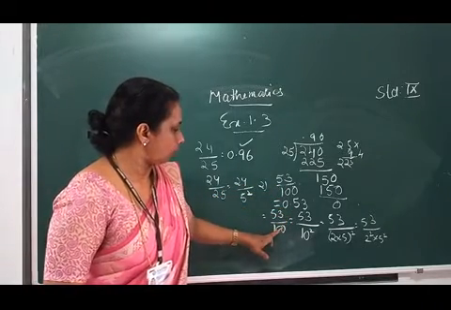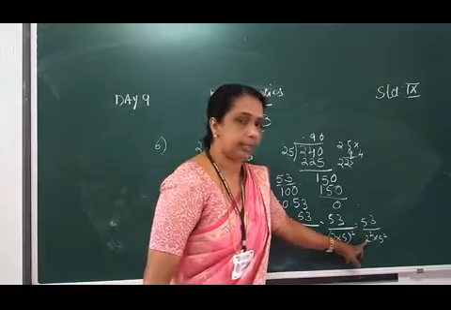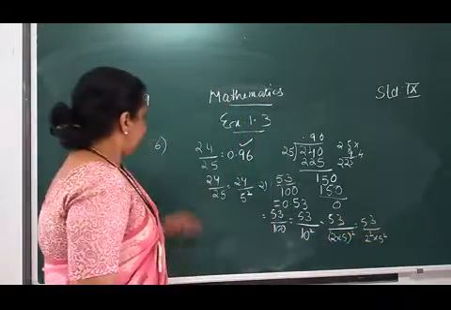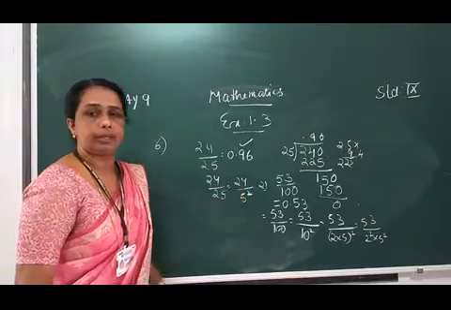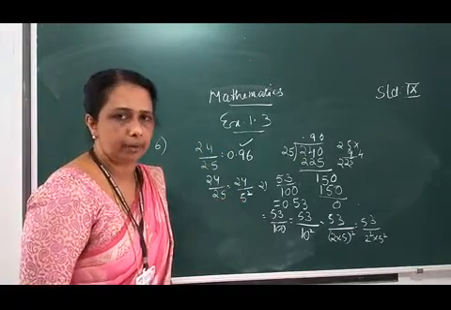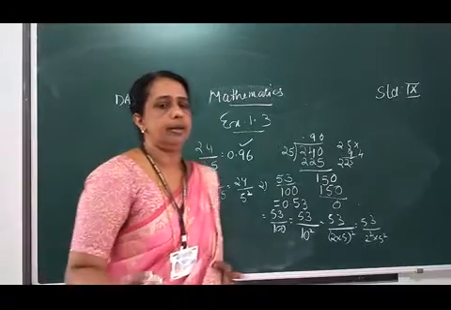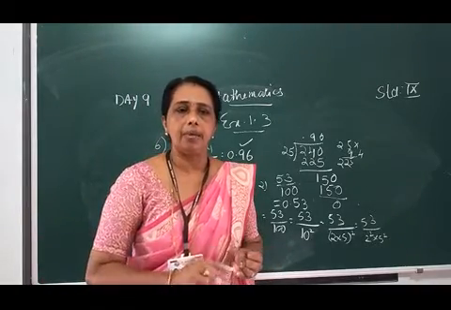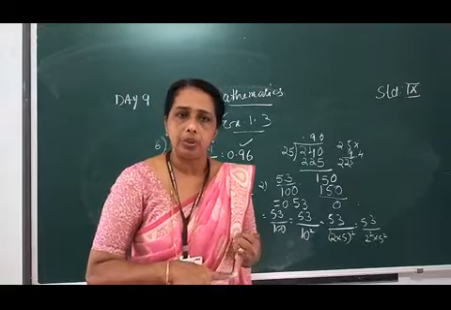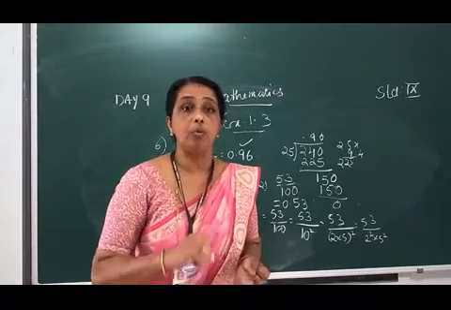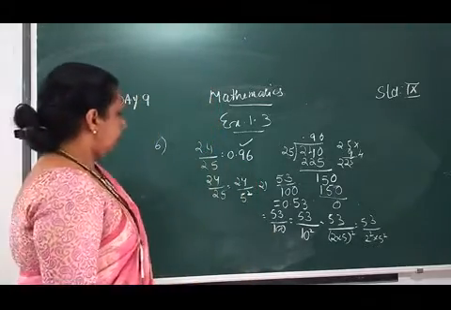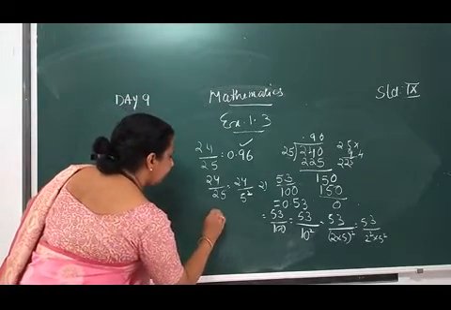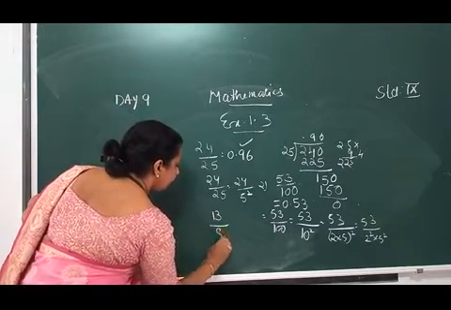Then the denominator q has only the factors 2 and 5. Here in the denominator we get the factor 2 and 5. We already said that if the given rational number's decimal expansion is terminating, then the denominator's factors are only 2, or only 5, or both 2 and 5. Then we can take one more example: 13 by 8.